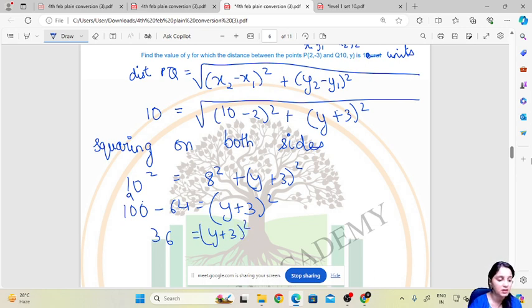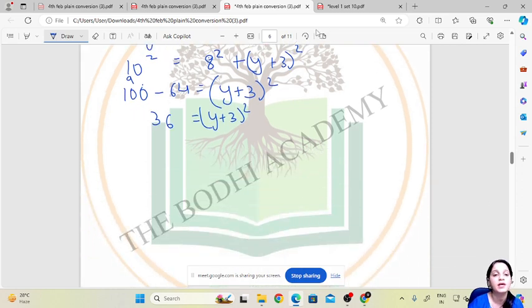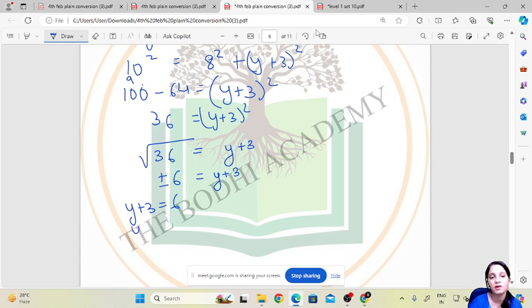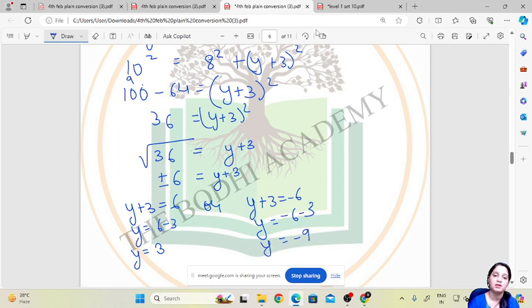When I take the square to the other side, it will be root of 36 is equal to y plus 3. Root of 36 is plus or minus 6 equal to y plus 3. So first I take plus 6: y plus 3 equal to 6, y will be 6 minus 3, y will be equal to 3. Or y plus 3 equal to minus 6, so y will be equal to minus 6 minus 3, y will be equal to minus 9.